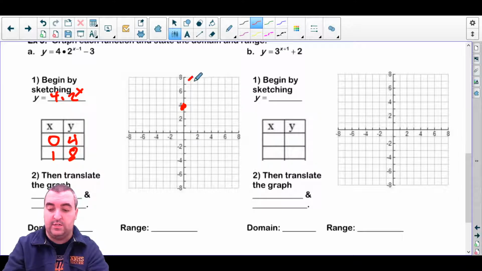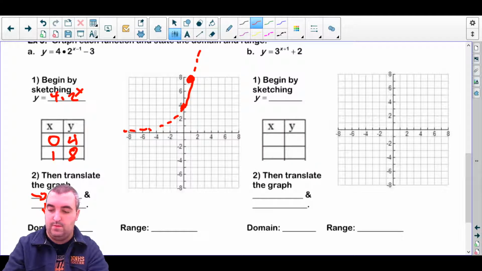Now, this is actually not my graph, because I need to shift it. So it says x minus 1, well that would mean to the right 1, because it's the opposite of what we normally think, so right 1. And then minus 3 is what we would normally think, so it's down 3.